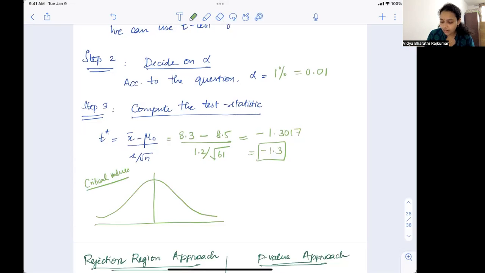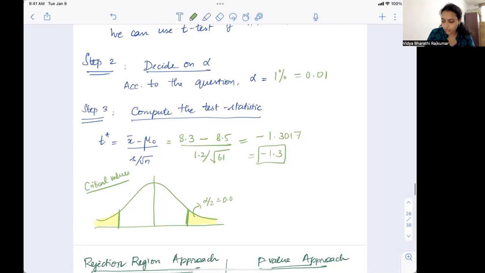We're going to be identifying our rejection regions at these thresholds such that the area to the right is equal to alpha by 2. This is alpha by 2, which is 0.01 by 2 will be 0.005. This area will also be 0.005. Therefore, this central area will be about 99% of the data set.